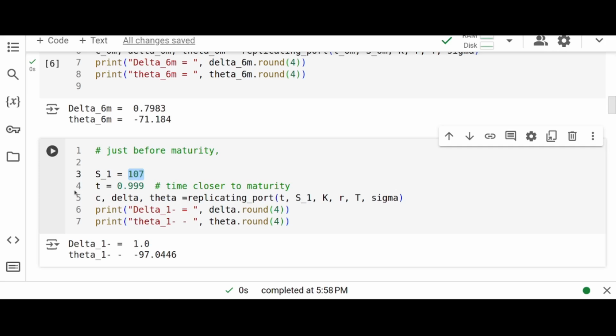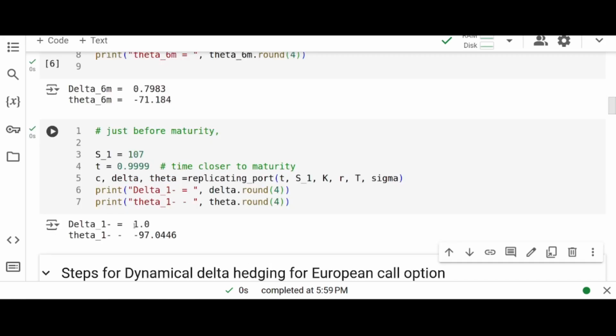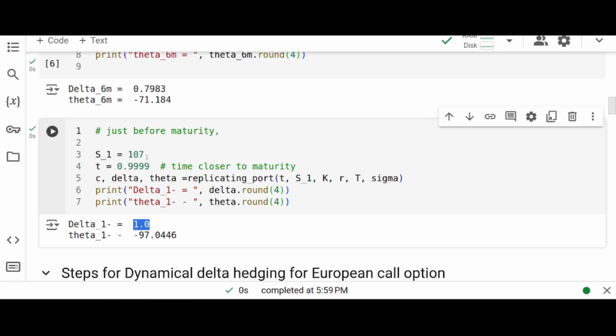In this case, we take a number closer to 1, just 0.999. We can make it 0.99. Then inserting all the parameters, as you can see from the code, if we run, our delta becomes 1, right? That means the price of the underlying asset becomes greater than 100.